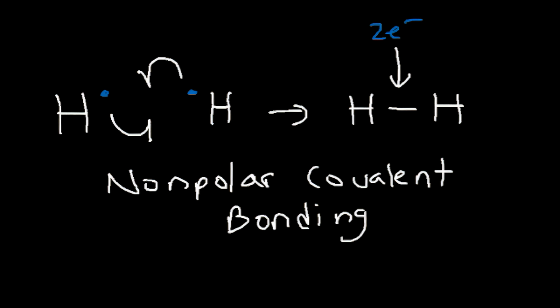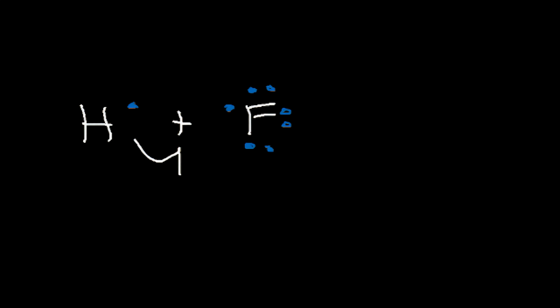Now, let's say we have 2 dissimilar elements. For example, hydrogen and fluorine. Now, these are both nonmetals. 2 nonmetals typically form a covalent bond. Hydrogen is going to donate 1 electron to form the bond, and fluorine is going to donate 1.